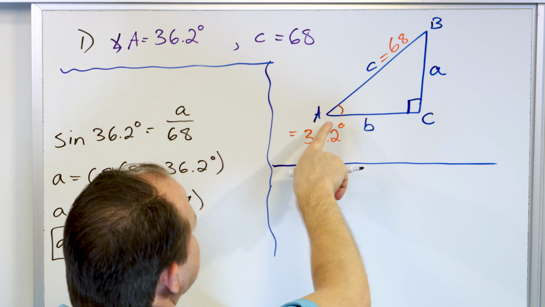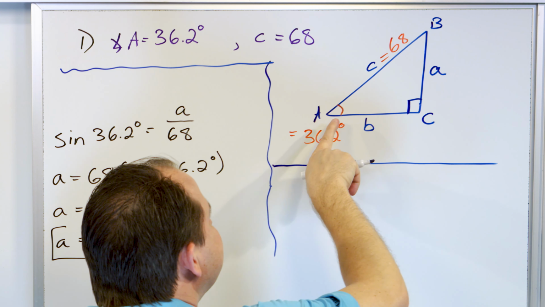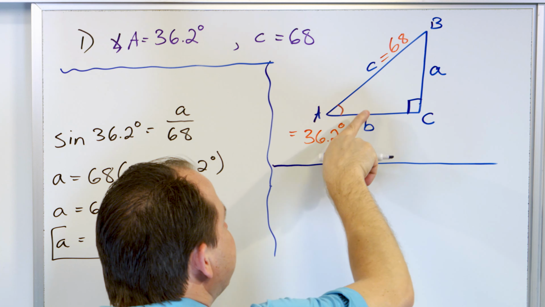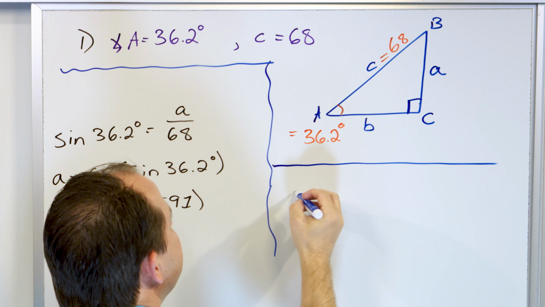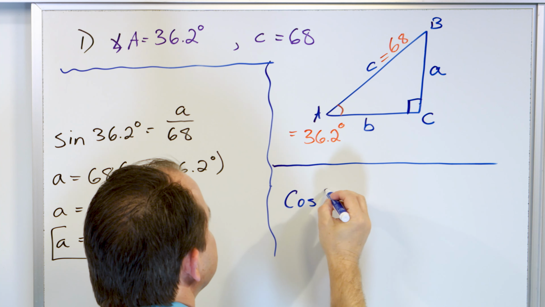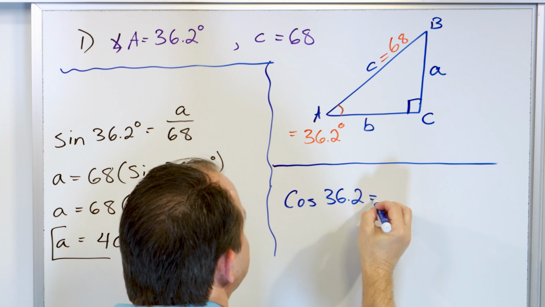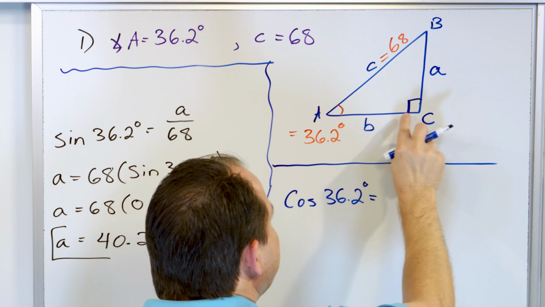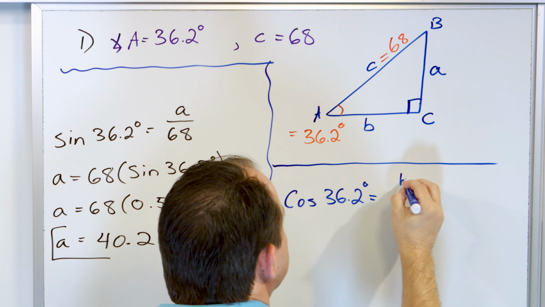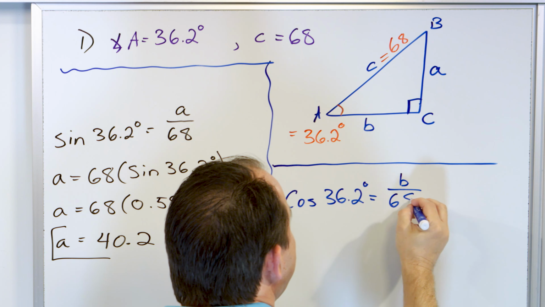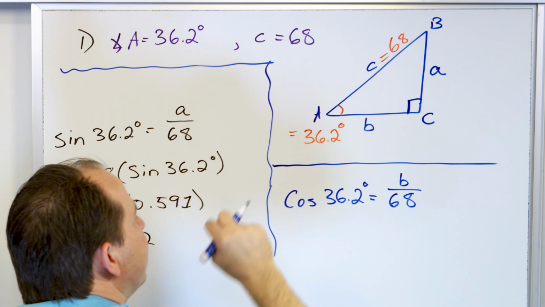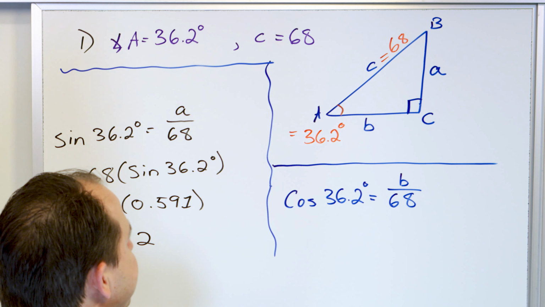How do we find the length of side B? Notice that the cosine involves the adjacent side, and we already know the hypotenuse, so we can write down right away that the cosine of 36.2 degrees is equal to the adjacent side of this angle, B, over its hypotenuse, which is 68. Because we were given the hypotenuse and we were given this angle, we can find A and B right away.